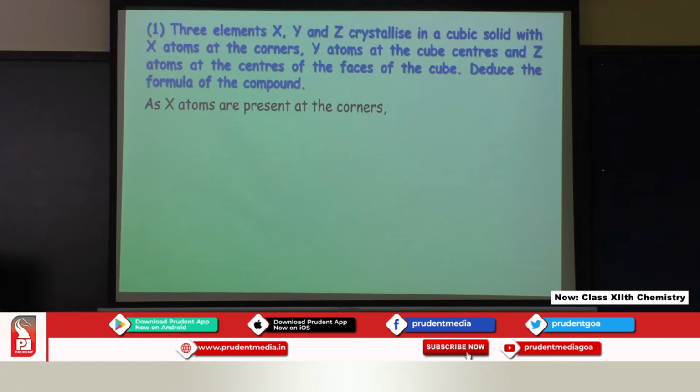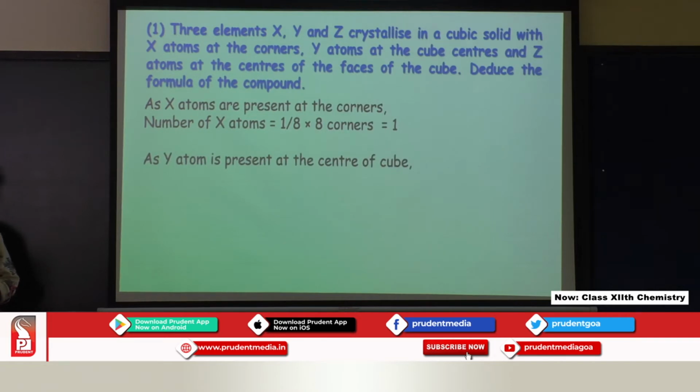The given data tells you that X atoms are present at the corners, and hence the number of X atoms will be 1 by 8 multiplied by 8 corners of the unit cell. So we have a value of 1.